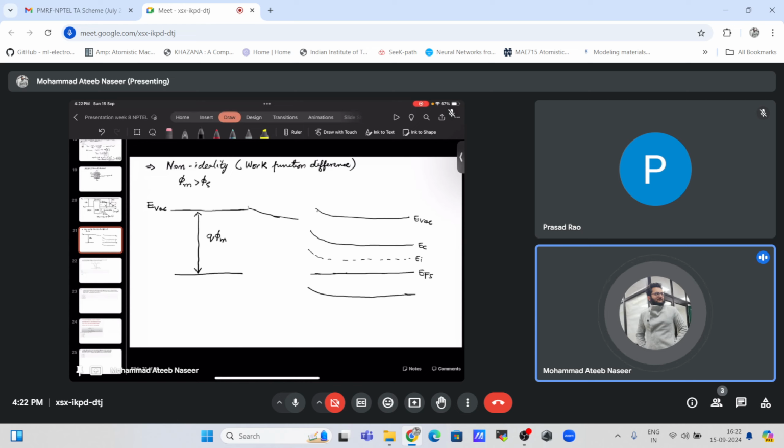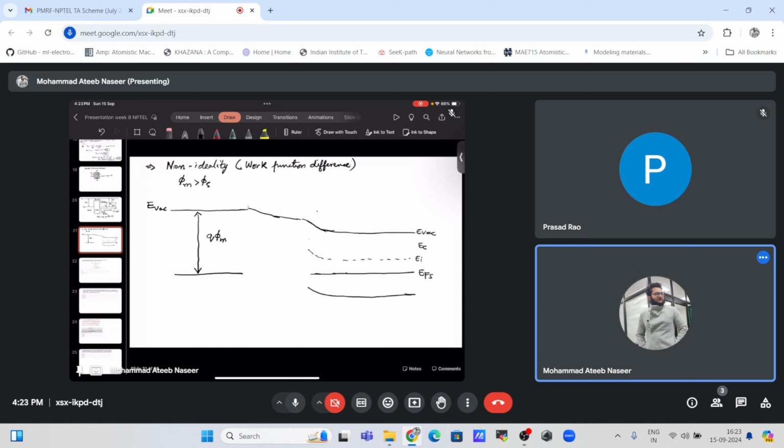in the oxide. And let me draw the vacuum level over here so that there is no confusion. So the vacuum level will be like this. Sorry, the scale is not up to the mark, that's why you must be having some confusions. So let me draw it like this.